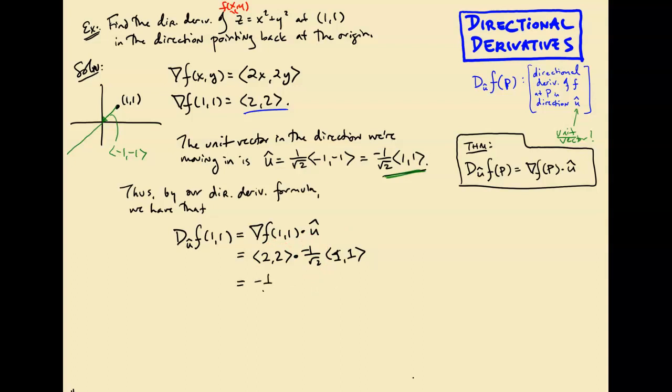So the result will be -1 over root 2, and then this dot product gives us 2 plus 2, which last time I checked is 4. So we get -4 over root 2, which should simplify if we rationalize that. Minus 4 over root 2? Yeah, definitely. So minus 2 root 2. That is our directional derivative.